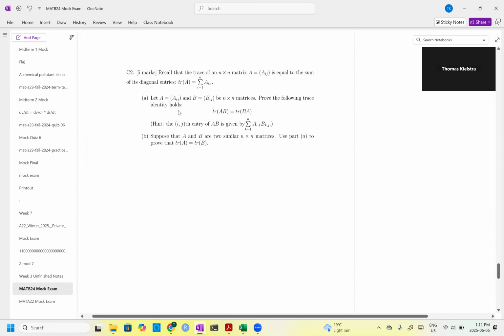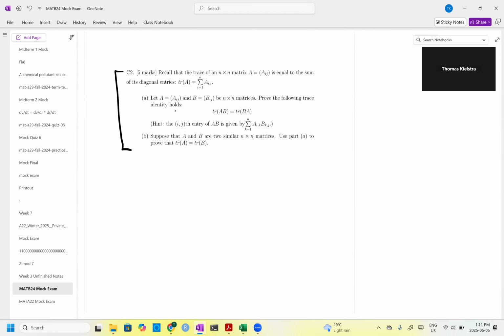Last, we have this question C2, and it's the exact same thing as what was on the homework assignment. The big thing here is this similarity. We're looking at the trace of A, and we want to show that it equals the trace of B. Well, we know that A equals P inverse BP.